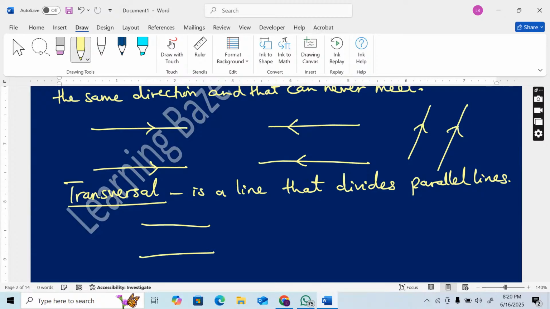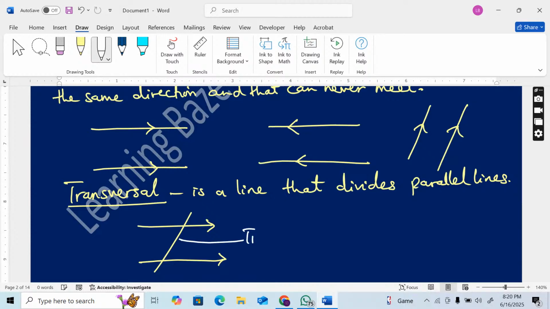When you have parallel lines and you also have a line that has crossed the parallel lines, or a line that has divided the parallel lines, that line that is crossing the parallel lines is called a transversal.